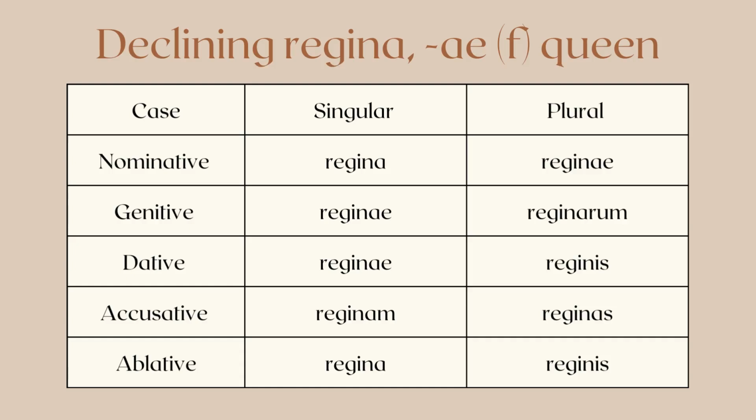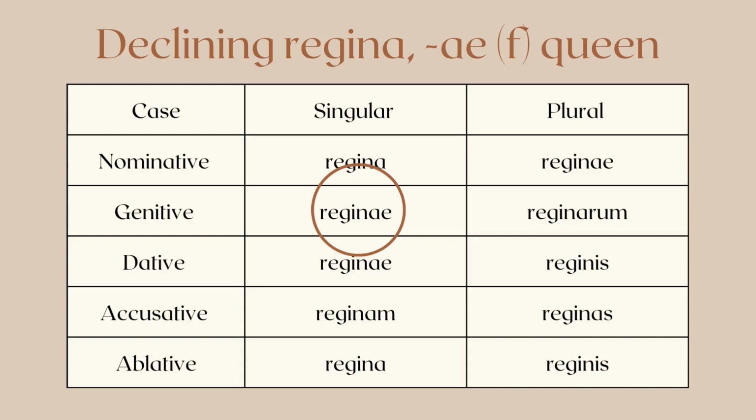The process of writing the different forms of a noun is called declining, and we're going to decline Regina. Now you'll recognize this form from your vocabulary listing: Regina, Reginae, feminine, queen. And the 2 forms that you find in the listing are the nominative singular and the genitive singular forms.